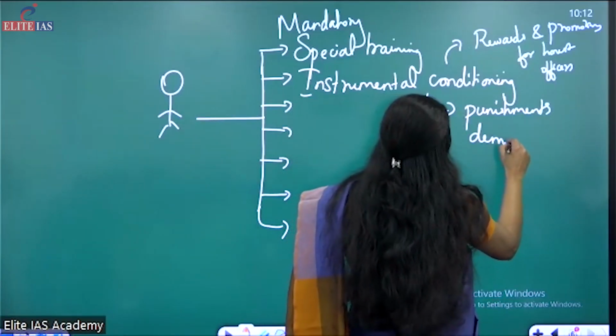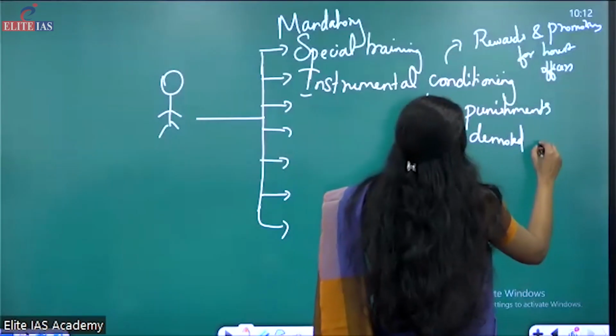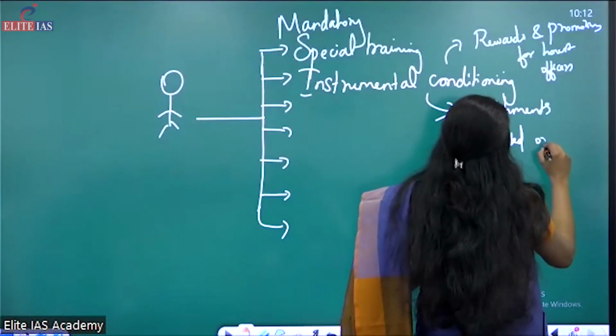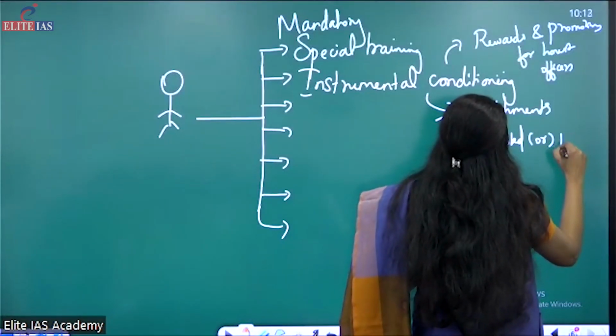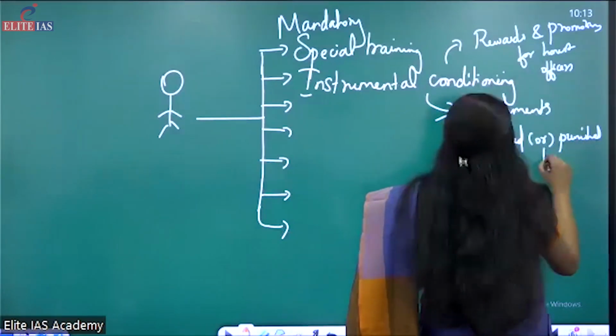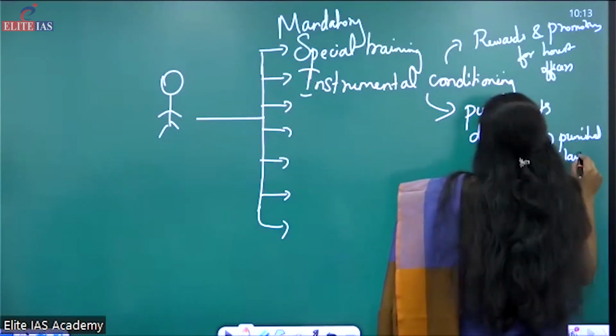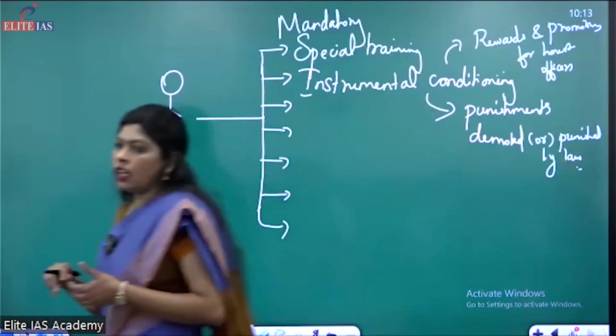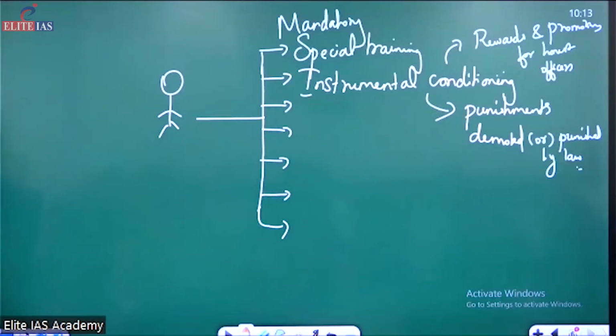Either they have to be demoted, or they have to be punished by law faster. This is the main problem in service. It takes a lot of time to get punished. There are a lot of safety mechanisms to safeguard the officers. That has to be relaxed a bit, and then they have to be punished.